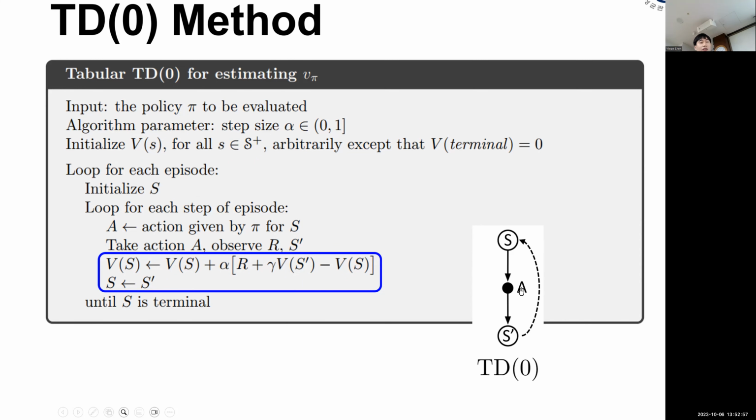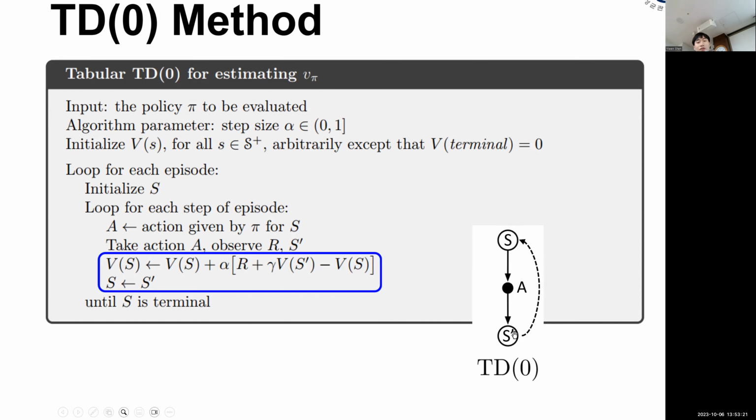If you look at this backup diagram, we have this state, you take an action based on the policy pi, and you move to S prime with some reward R. With this information, we can immediately update the state value of the state S.